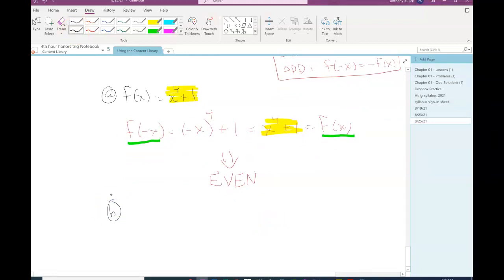Okay. Our next one, say g of x equals 2x cubed plus 3x. Again, I'm going to start the same way, since both the odd and even definitions start with the function of negative x.